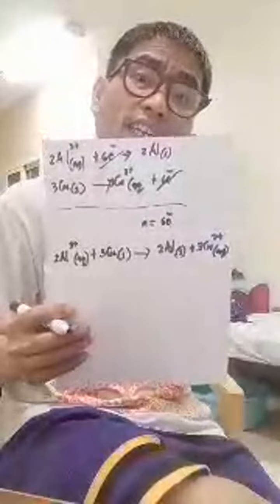Is it balanced already or not? Let's check visually, individually. Aluminum is on the right and aluminum is also on the right. Three copper on the left and 3 coppers also in the product. The charges are also balanced because we already cancelled the electrons in the chemical reaction.